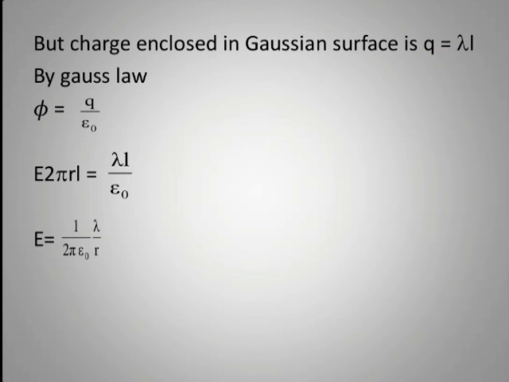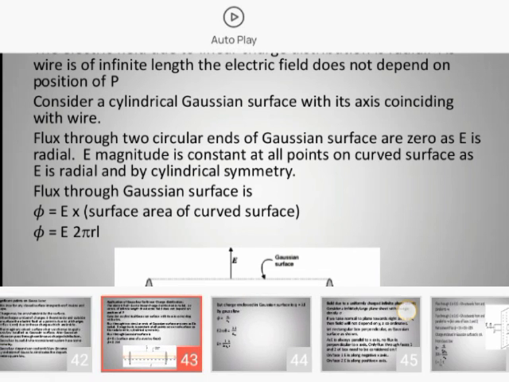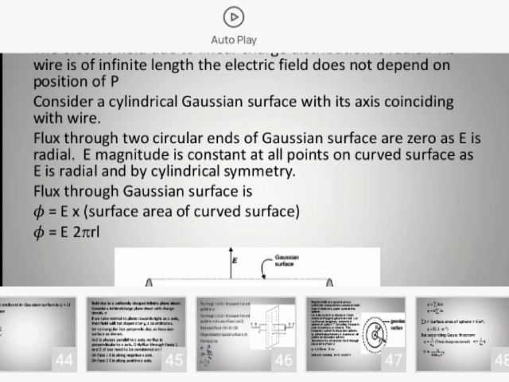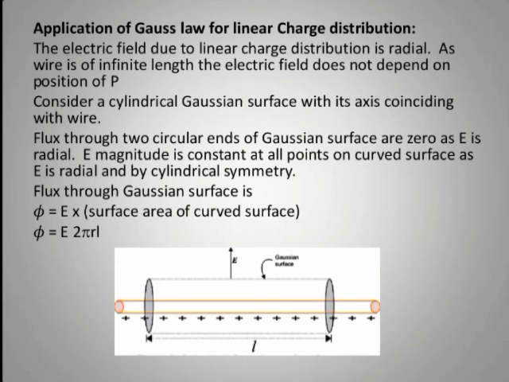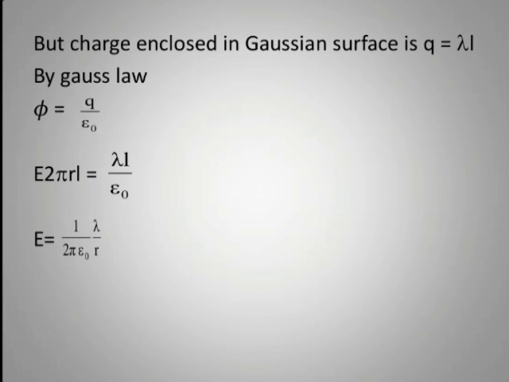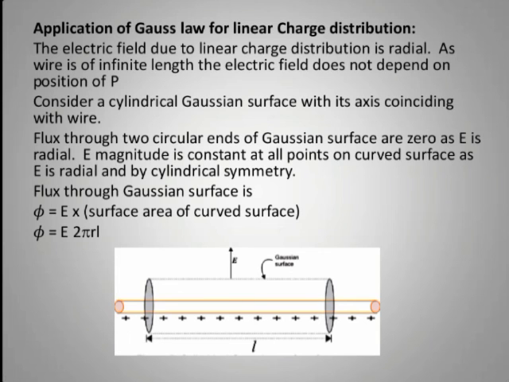By Gauss law, this rod is being enclosed within a Gaussian surface. Within this you have to find the electric field. So I have taken the formula phi is equal to Q divided by epsilon naught. Already I have substituted and calculated the value of phi.